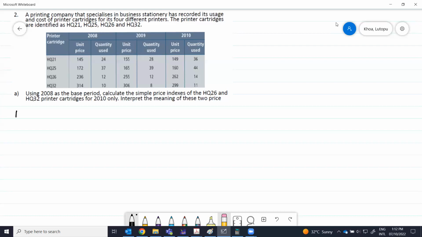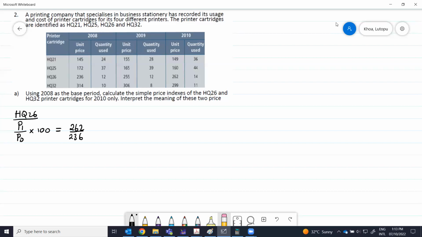Okay, so we start with the HQ26. We know that our simple price index is P1 over P naught, and then we multiply by 100. So we say, what is the current price of the HQ26? The current price is 262. What was the price in 2008? It is 236.